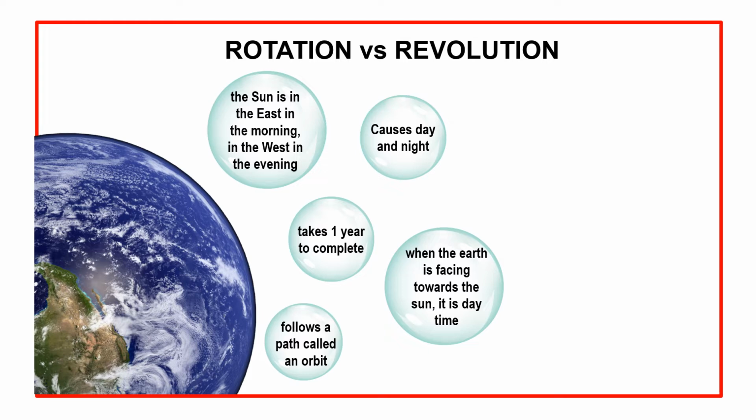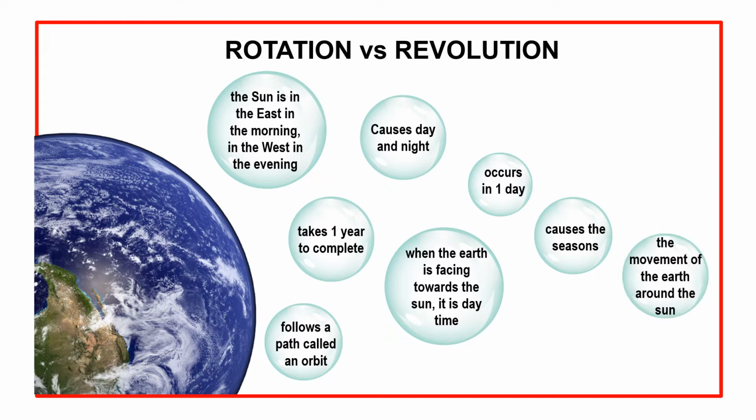When the Earth is facing towards the sun, it is daytime. Again, rotation. Occurs in 1 day. Rotation. Causes the seasons. Revolution. The movement of Earth around the sun.